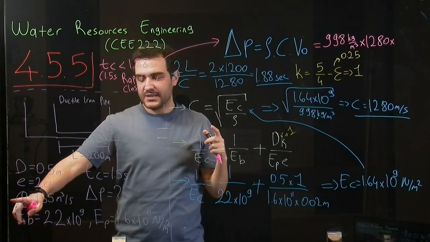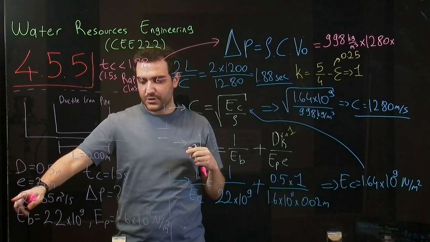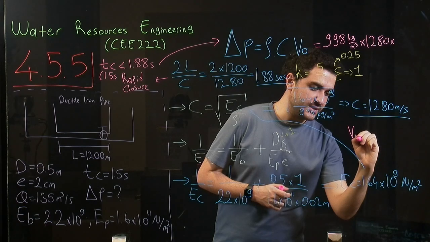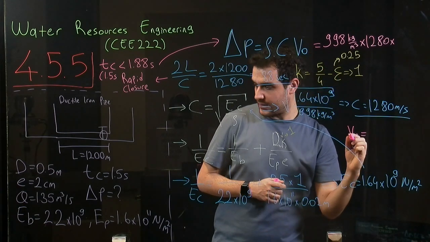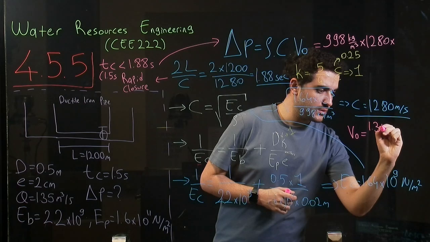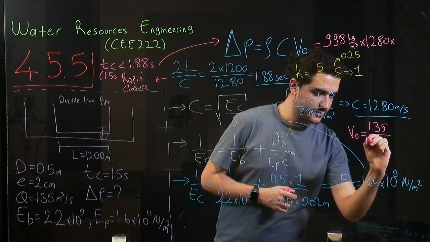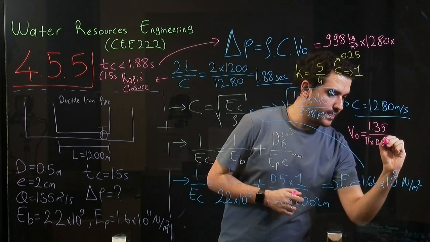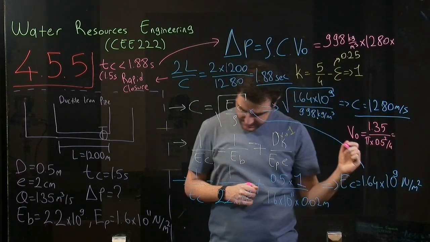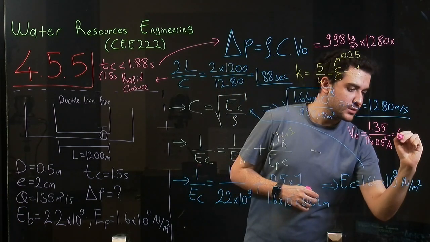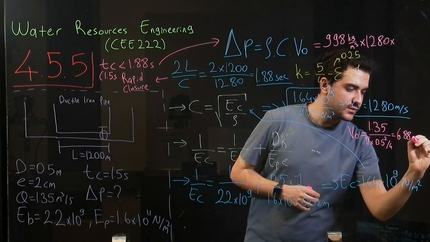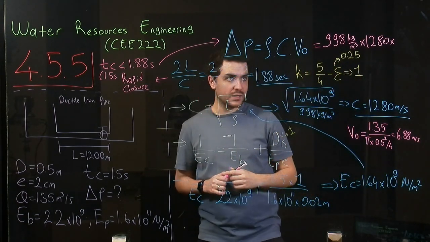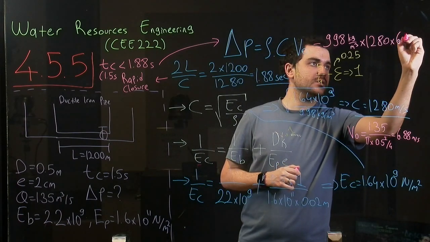The flow rate is given as 1.35 cubic meters per second. So we can actually get initial velocity from this initial flow rate. It is 6.88 meter per second. And let me write that.